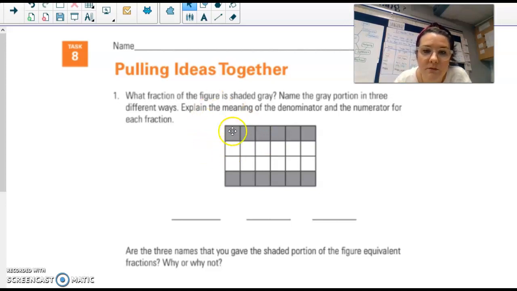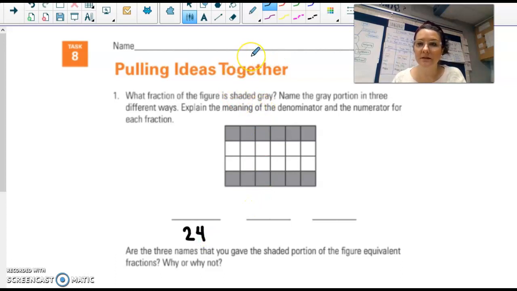So total squares I have, let's see, I'm going to think about my array work. 1, 2, 3, 4 rows. 1, 2, 3, 4, 5, 6 columns. 4 times 6 is 24. So I have 24 total squares. Okay, so that's going to be my denominator. That's how many equal pieces are in the whole.